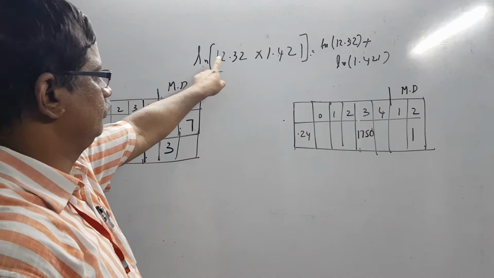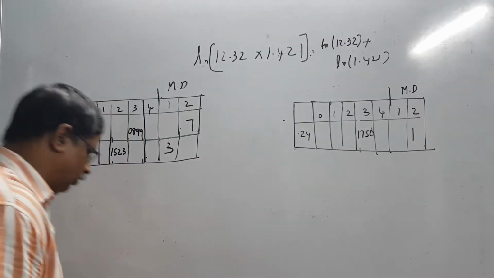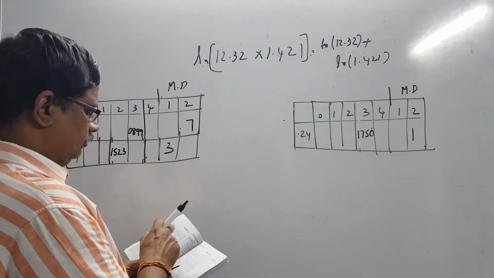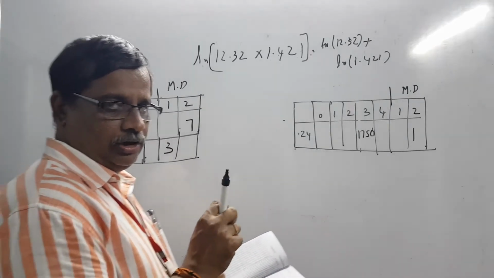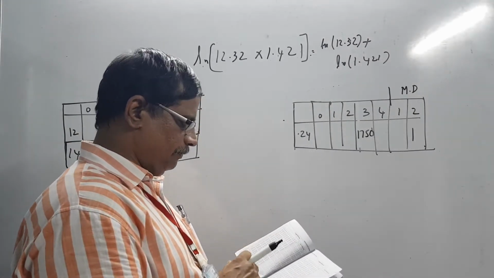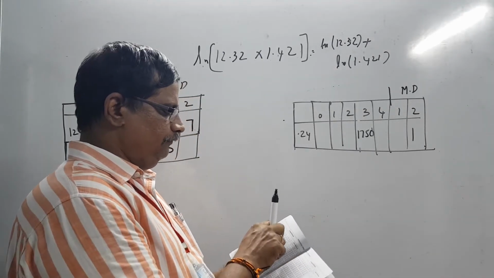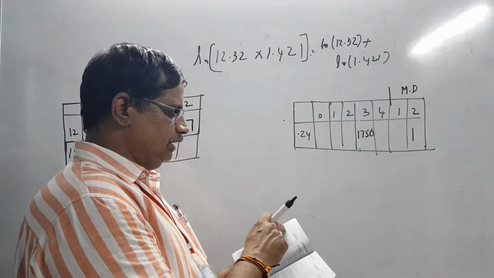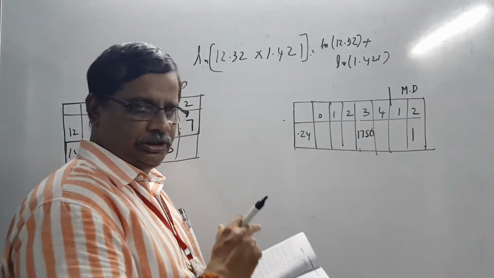Try to find the logarithm of the first number, which is 12.32. In the first column of your logarithm table, you will find numbers from 10 to 99, followed by a row in which numbers from 0 to 9 are written, and below each digit, below 0, below 1, below 2, etc., you will again find 4-digit numbers.